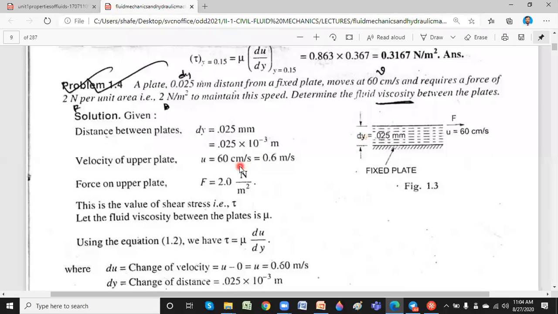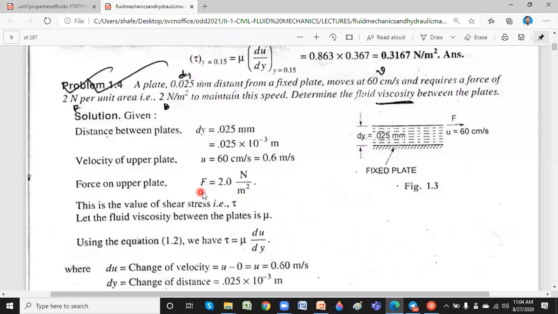What is the left hand side? Shear stress. How to find shear stress? Shear stress is nothing but the shear force by area. F is given, and unit area is mentioned, so the shear stress is 2 newtons per meter square because the area is unity.